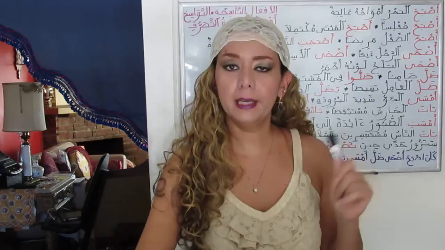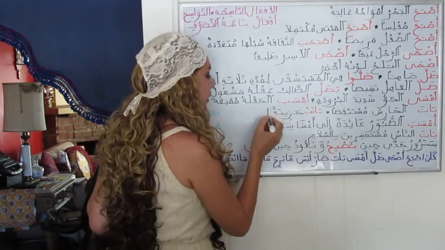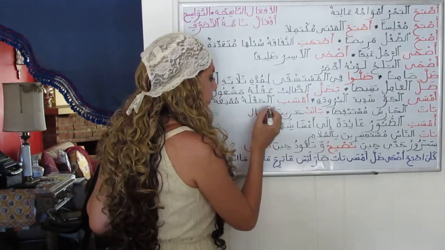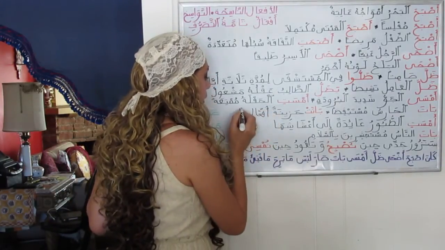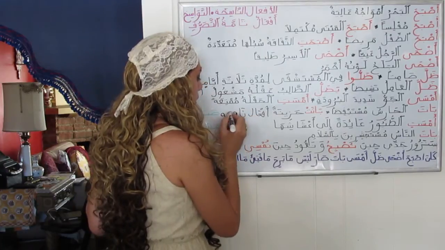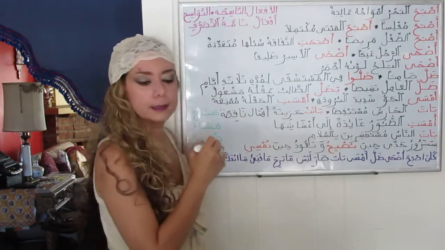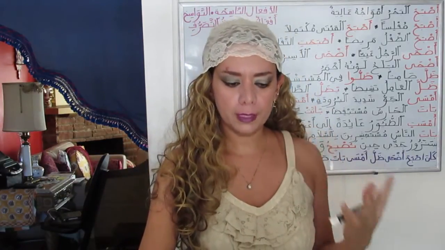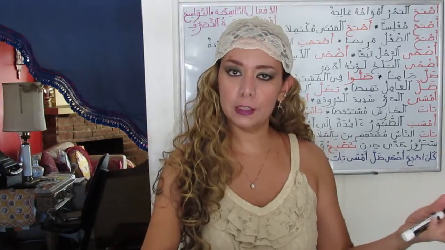Kaana and its sisters are incomplete verbs, أفعال ناقصة. For the reason that they are in need of a predicate, which they seize from nominal sentences to complete their meanings.